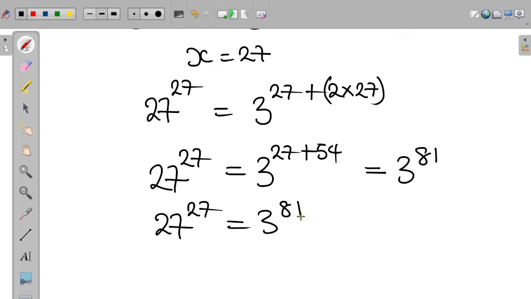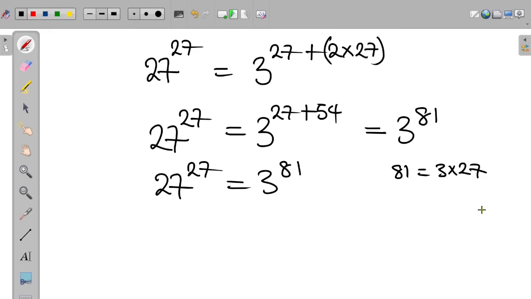So we have it that 27 to the power of 27 is equal to 3 raised to the power of 81. But at this point, we can express the right-hand side to look like the left-hand side. That means we can make the base to be equal to the index. Now, recall that 81 is equal to 3 times 27. So therefore, we have that 27 to the power of 27 is equal to 3 raised to the power of 3 all to the power of 27.